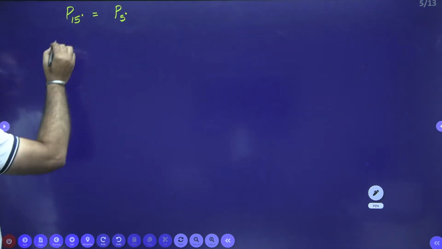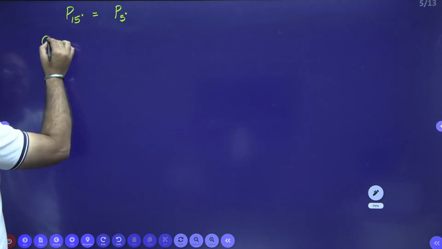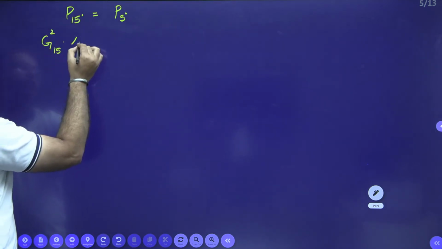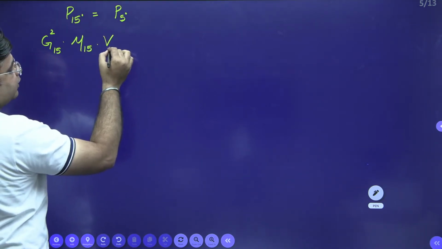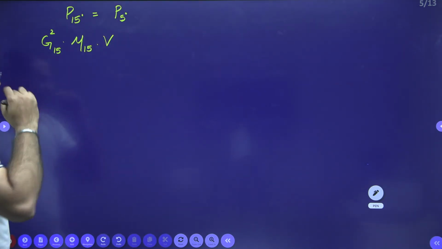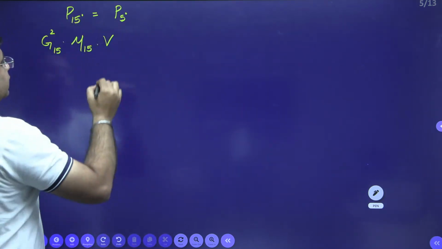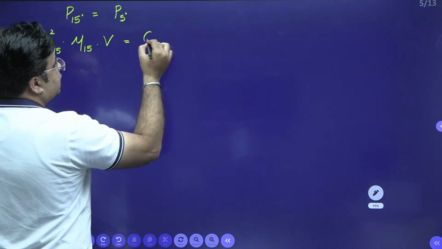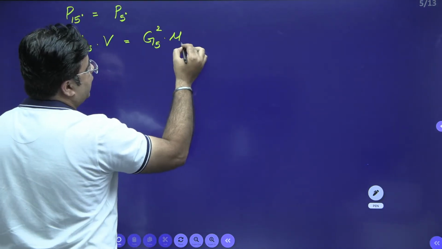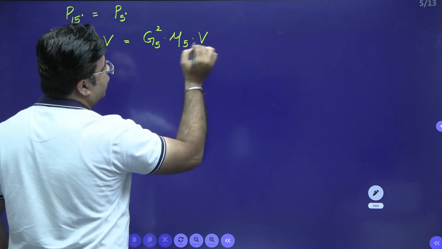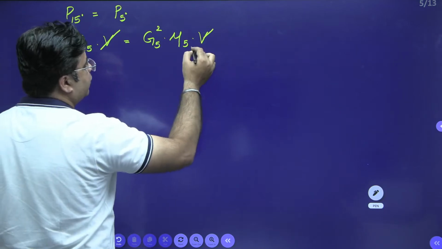Power supplied at 15 degrees Celsius is equal to G at 15 degrees Celsius whole square into mu at 15 degrees Celsius into volume of the tank. Since volume of the tank is not changing, it is same 2800 meter cube, right? This is equal to G at 5 degrees Celsius square into mu at 5 degrees Celsius into volume of the flocculation tank. This V and V will going to cancel out.